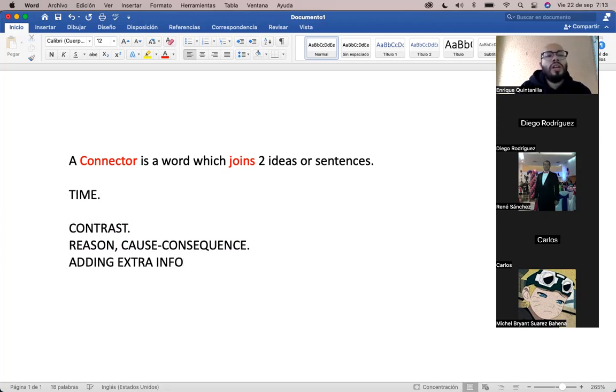Remember time connectors: when, while, until, the common ones. Contrast: but is the most popular. More formal: however, although.